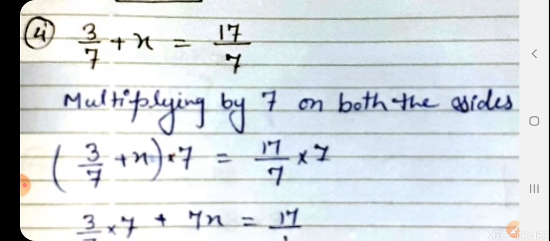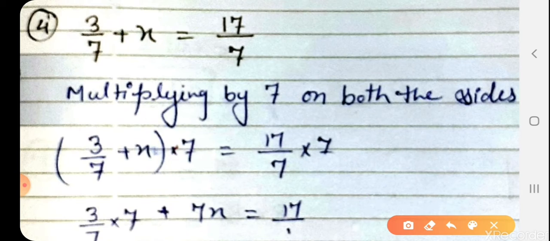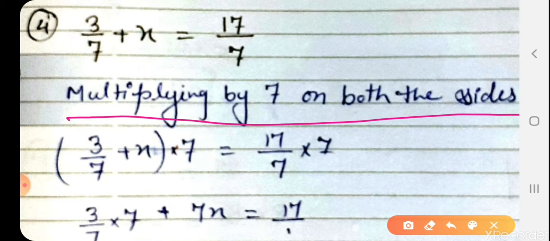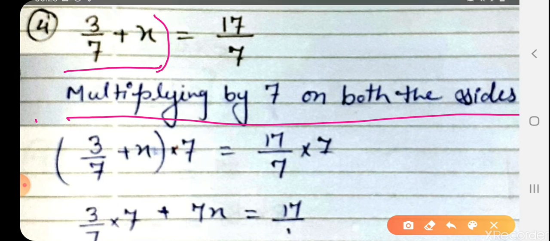Now next is question number 4. 3 upon 7 plus x is equal to 17 upon 7. Here first of all we have to reduce it into a simpler form. The denominator on both sides is 7, so we will multiply by 7 on both sides, and be careful about that.